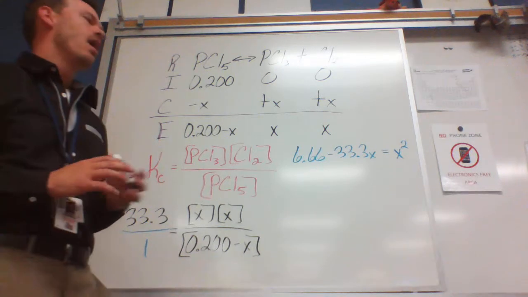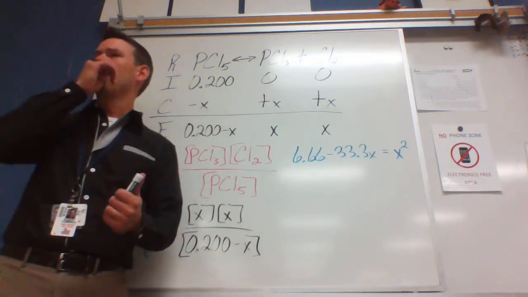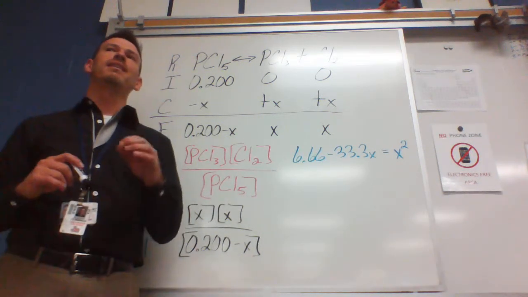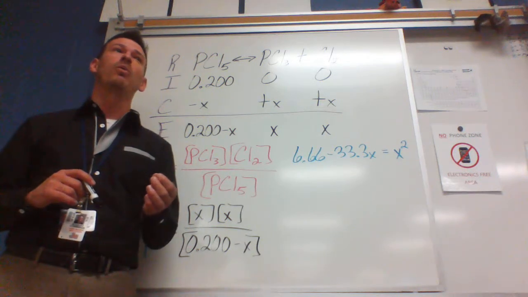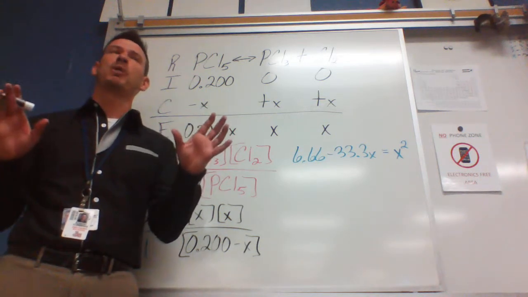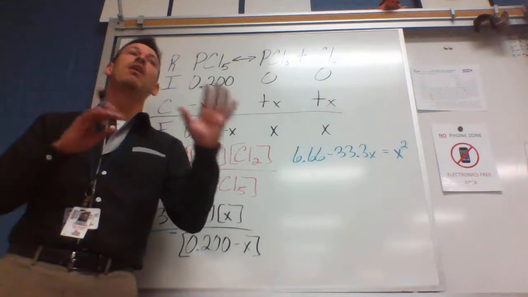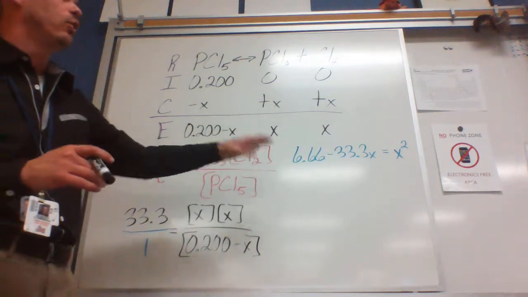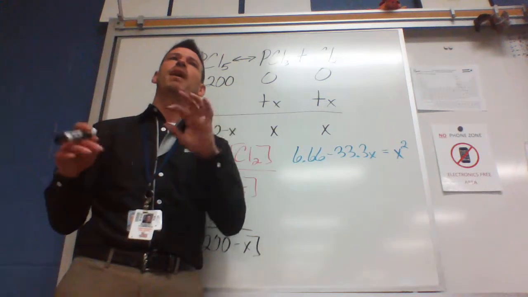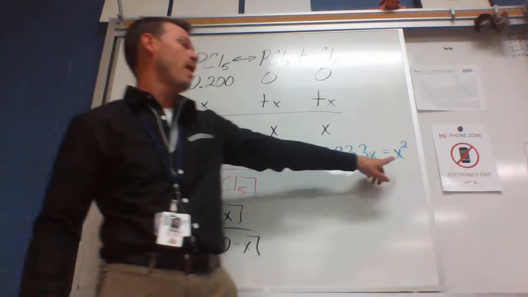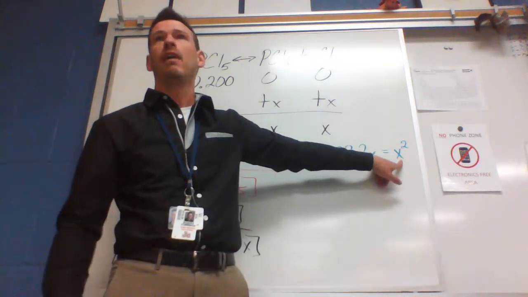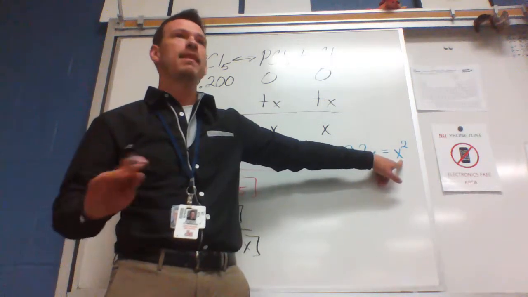Now, here's the thing, though. In order for the solver to work on your calculator, it has to be a 0 equals equation. All right. In other words, everything that is part of your expression has to be on the same side of the equality for it to work. Now, that's easy to do, but here's my suggestion to simplify possible road bumps. You don't ever want the x squared to be negative if you can avoid it. All right, don't make the x squared negative.